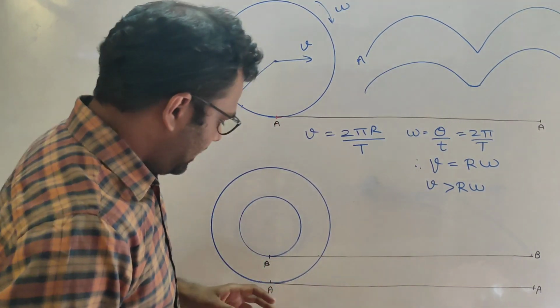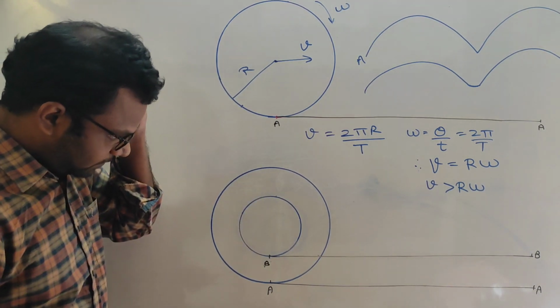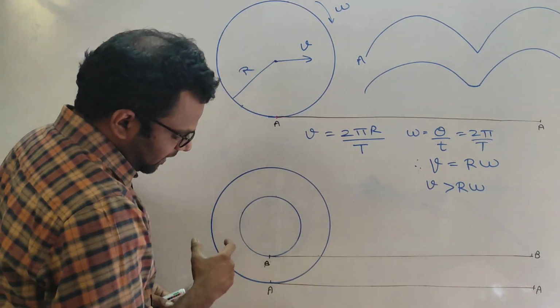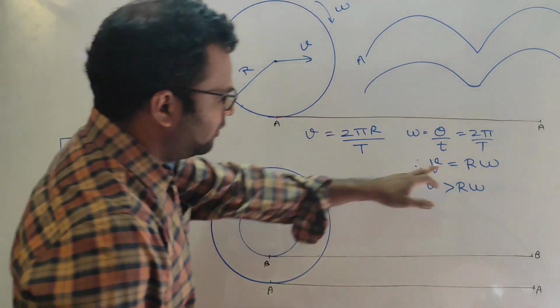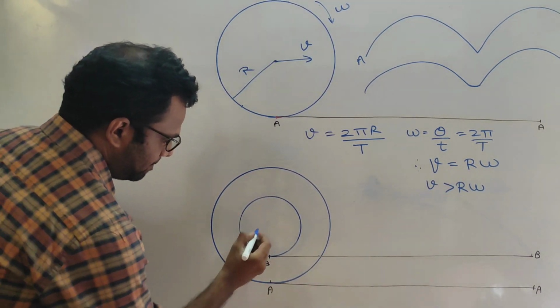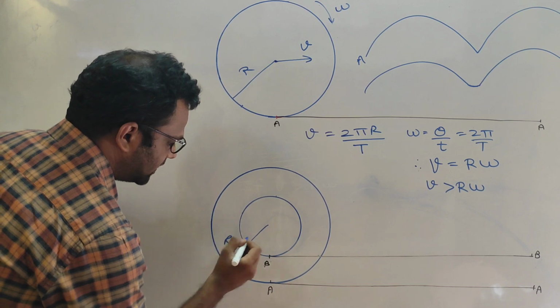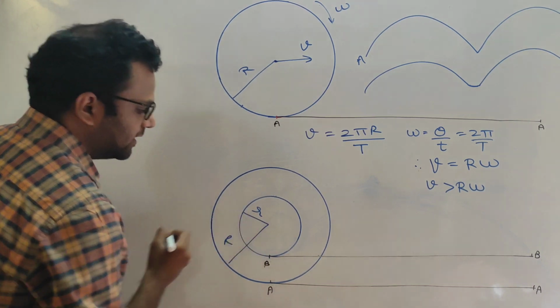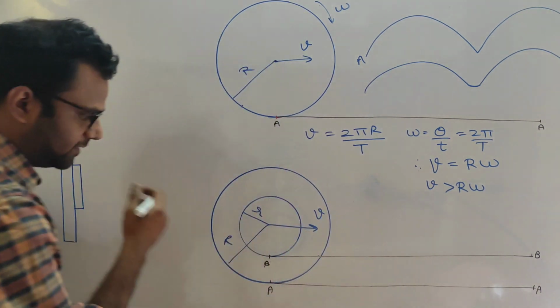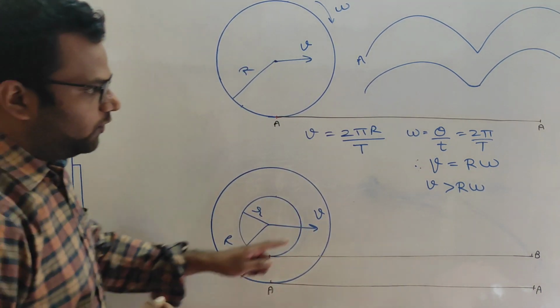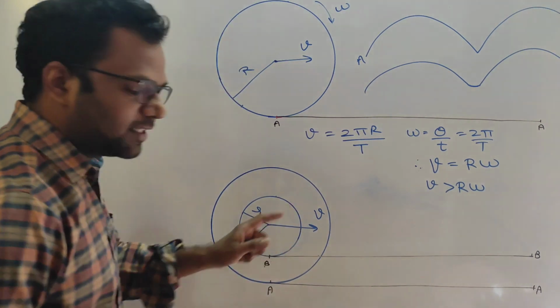Now look over here. This outer disc is performing pure rolling motion. So v is equal to R omega for the outer disc. Let us say R is the radius of the outer disc and small r is the radius of the inner disc, and v is the speed of the center of both the discs. Now v is equal to R omega for the bigger disc.